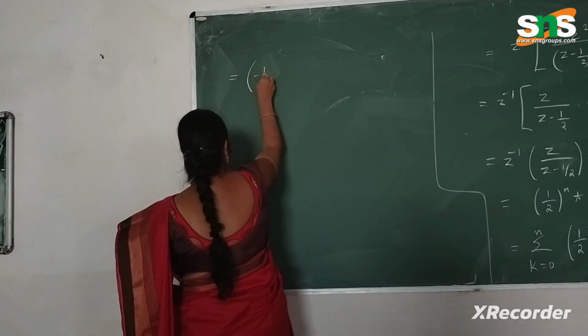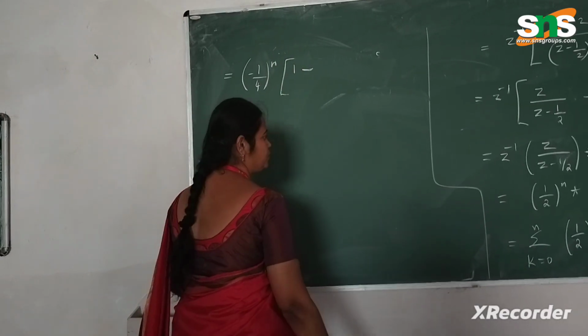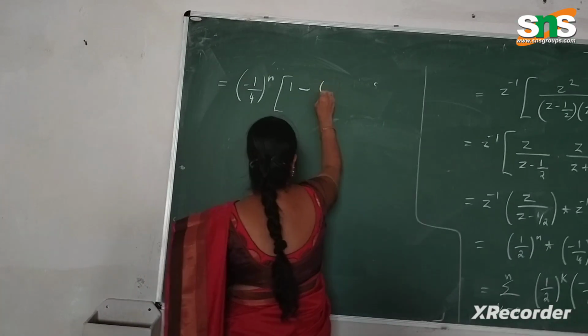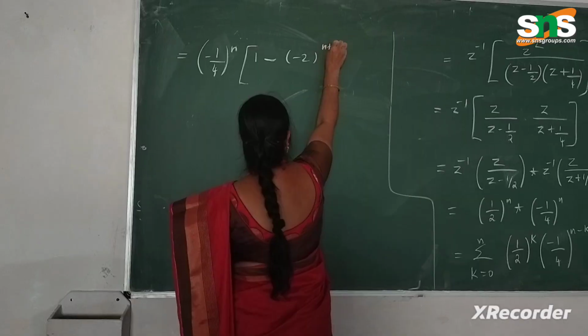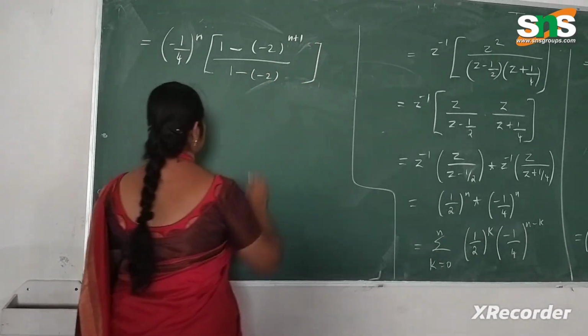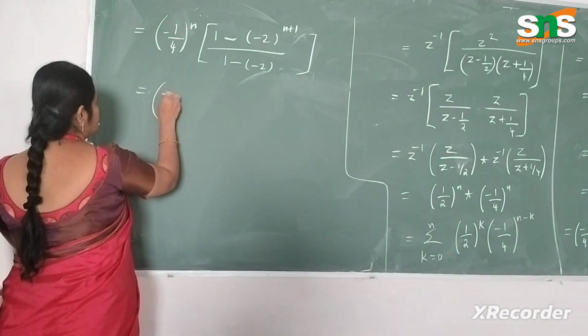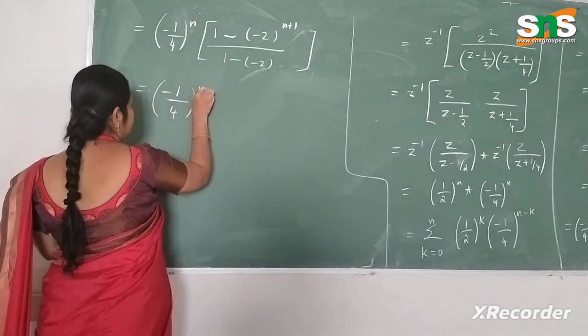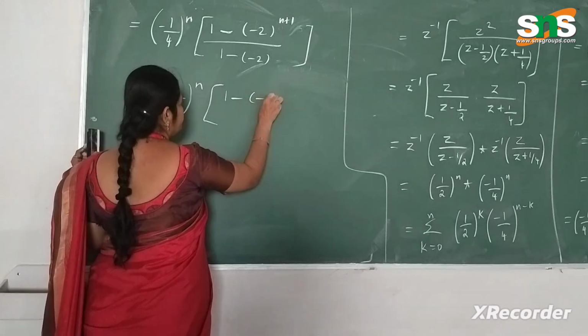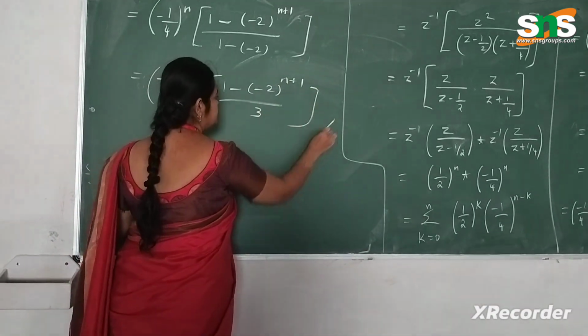(Minus 1 by 4) power n into (1 minus r power n plus 1). Our r is minus 2. So (minus 2) power n plus 1, divided by 1 minus r, that is 1 minus of minus 2. So 1 minus of minus 2 is 1 plus 2, that is 3. So (minus 1 by 4) power n into (1 minus (minus 2) power n plus 1) by 3. So this is our answer.